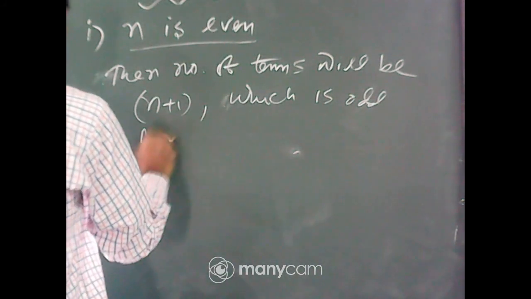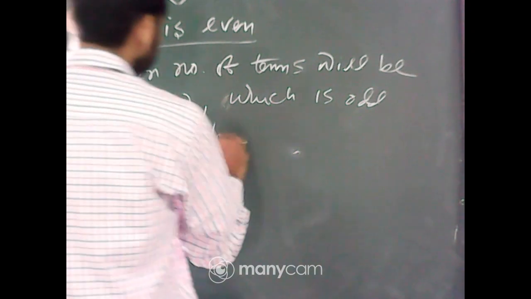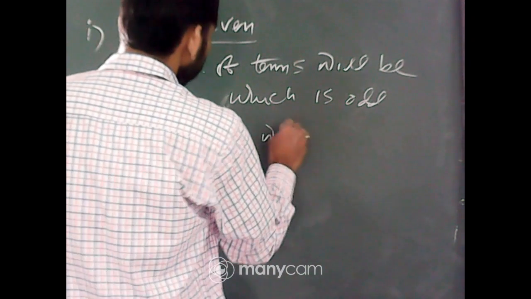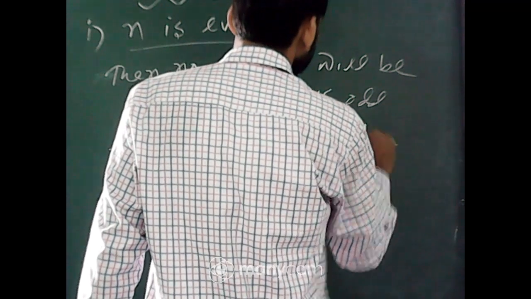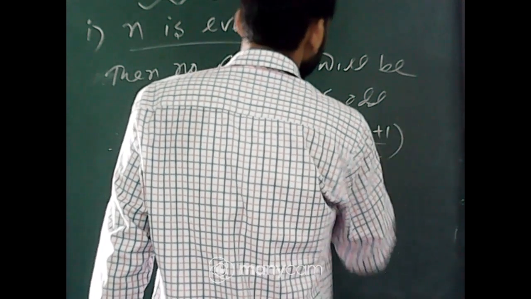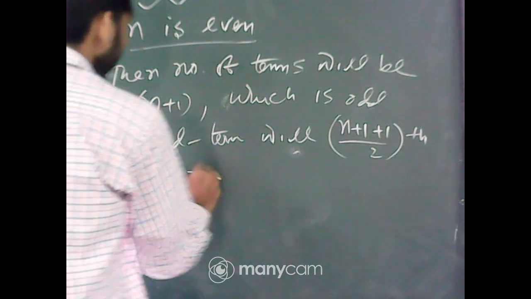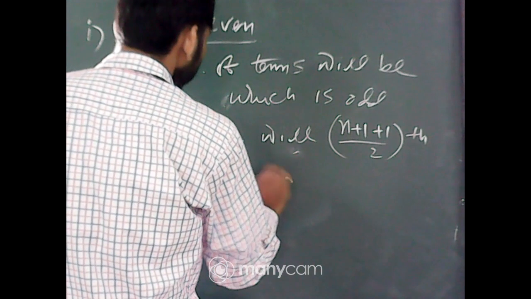Therefore, the middle term will be the (n plus 1) by 2 th term. That means the (n by 2 plus 1)th term.